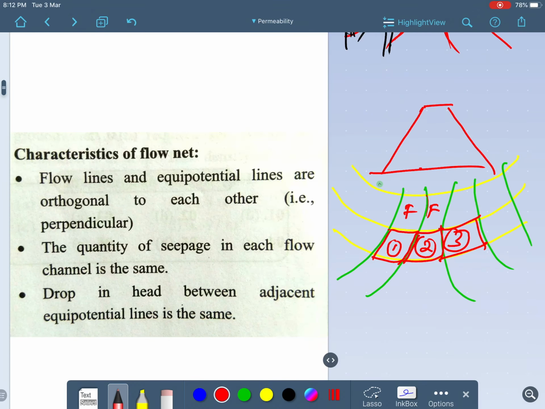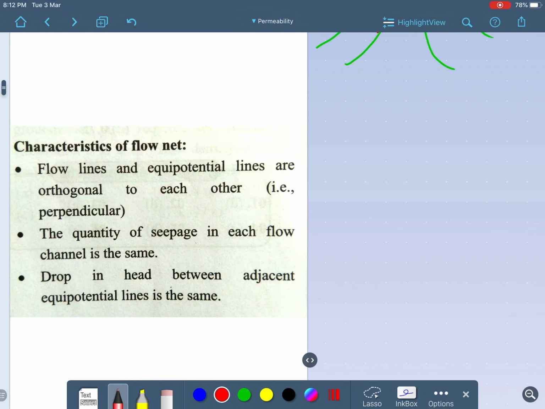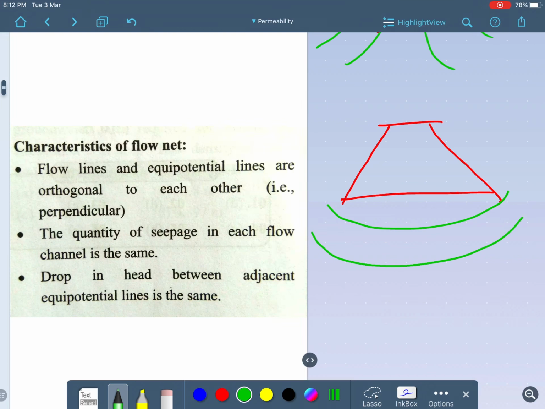Next, what are the characteristics of a flownet? Let me explain one by one. Flow lines and equipotential lines are orthogonal to each other.